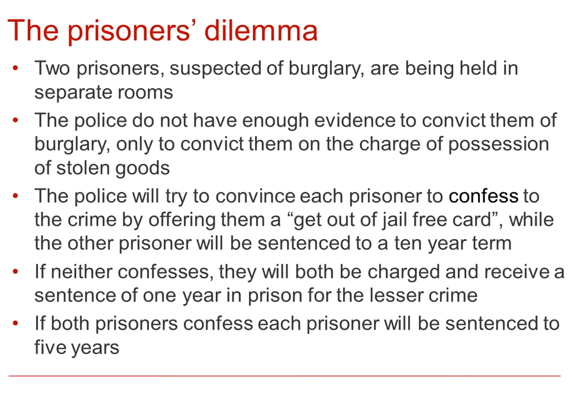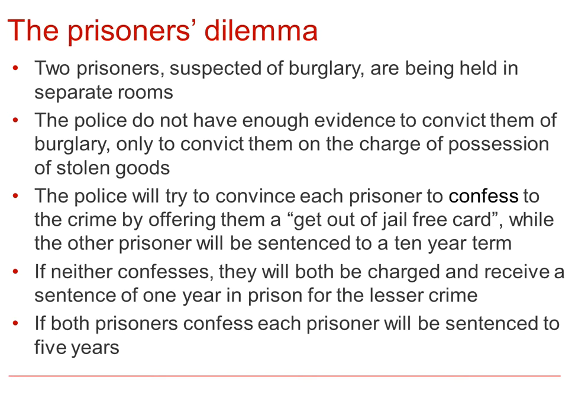And the police obviously think they did it, but want to put pressure on these prisoners to get a better conviction. So the police are going to try to convince each prisoner to confess to the crime by offering them a get-out-of-jail-free card. So they would not then receive any time in prison, but their accomplice or partner would be sentenced to a 10-year term.